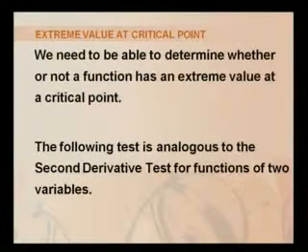the following test, the second derivative test for a function of two variables, which is very helpful to us to determine whether or not a function has an extreme value at a critical point.